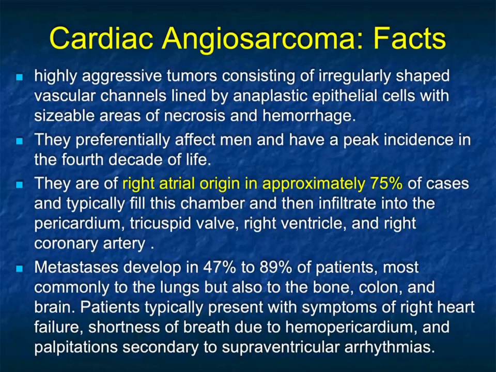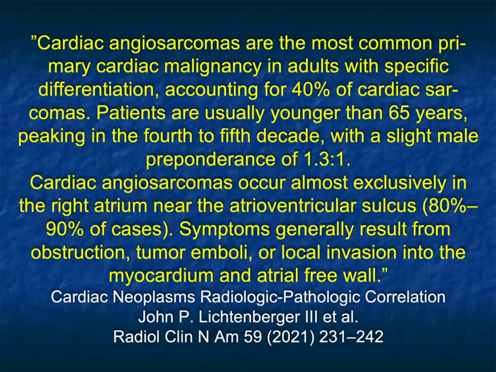Mets are very common, most commonly to lung, but also to bone, colon, and brain. And patients typically present with symptoms of right heart failure, shortness of breath due to hemopericardium, and palpitations secondary to supraventricular arrhythmias.